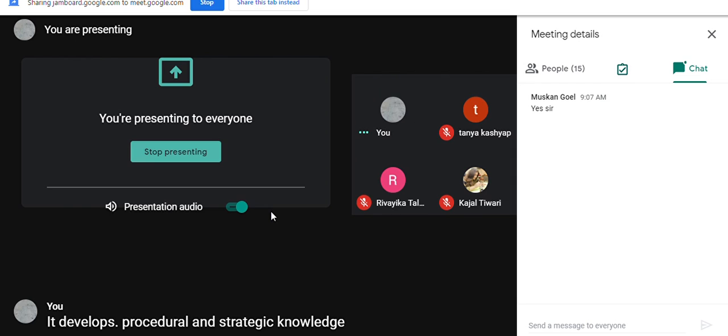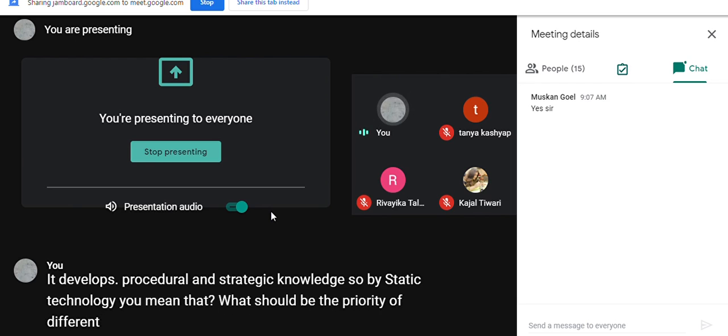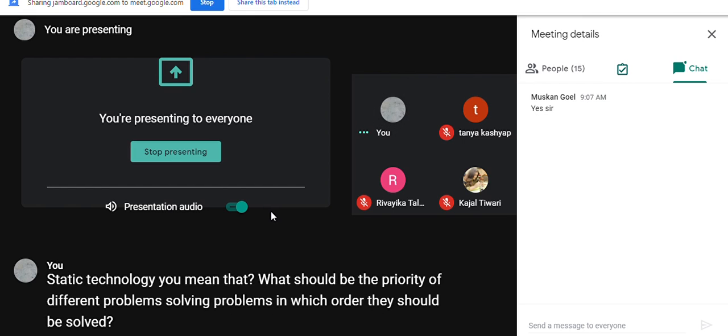So by strategic knowledge, we mean that what should be the priority of different problems, in which order they should be solved. So this was in-basket exercise.